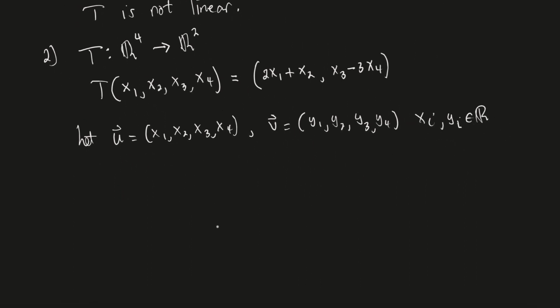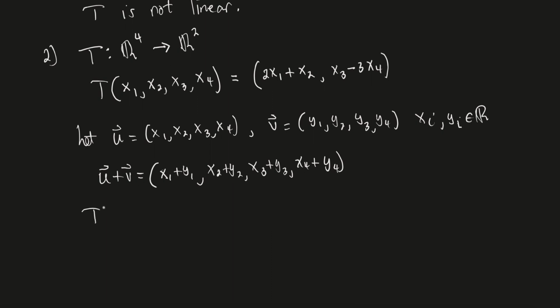So let's go through and see if we can verify each of these properties. First I am going to add these two together. So u plus v is (x1 plus y1, x2 plus y2, x3 plus y3, x4 plus y4).